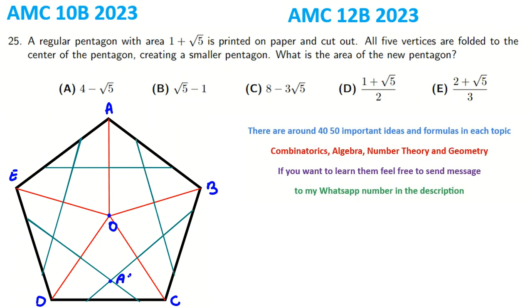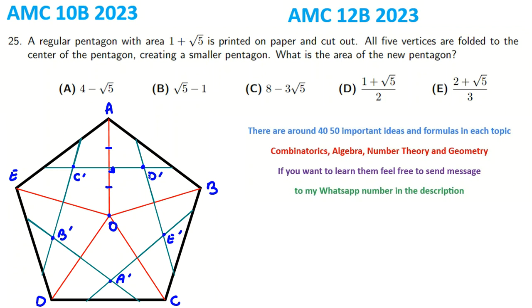Okay, so for example, consider A prime, B prime, C prime, D prime, E prime. And we know it is like this.